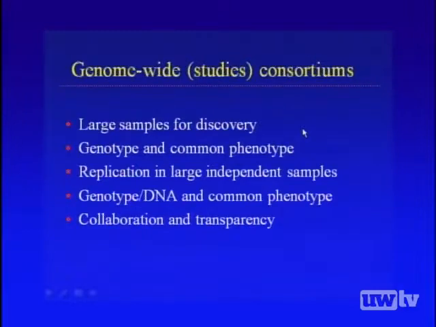Now, what we then determined from these genome-wide studies, these consortia, was you really needed large sample sizes for discovery. You needed data on both genotype and phenotype. You needed to be able to replicate in large independent samples. You needed either genotype data and DNA for the replication, and you needed collaboration and transparency.